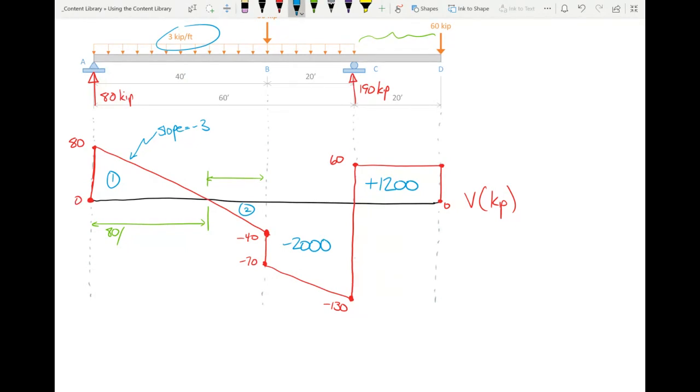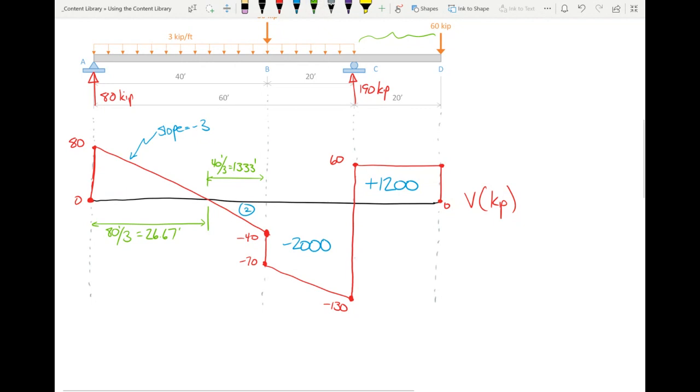Right there. Because the slope of the shear diagram equals the load. Okay, so this is 80 over 3, or I think it's like, yeah, 26.67. And this is 40 over 3, 13.33. And when you add up 26.67 and 13.33, you get 40. So that should ensure that everything matches up.